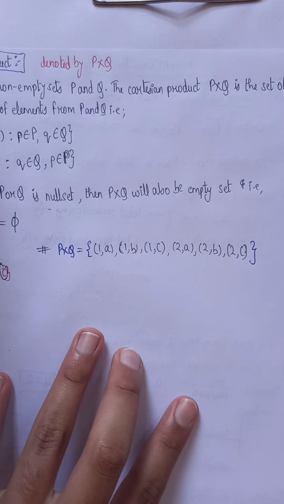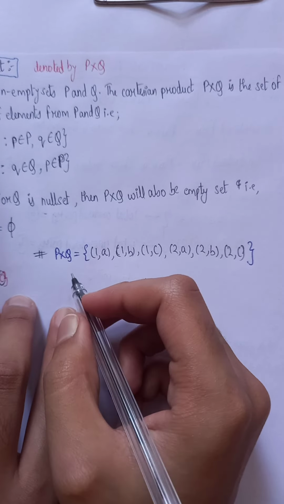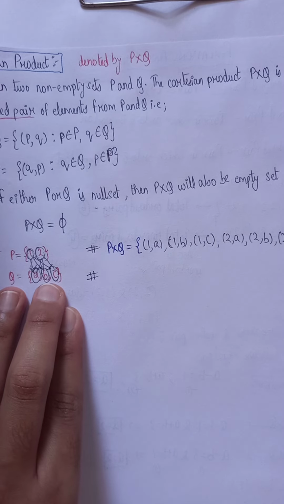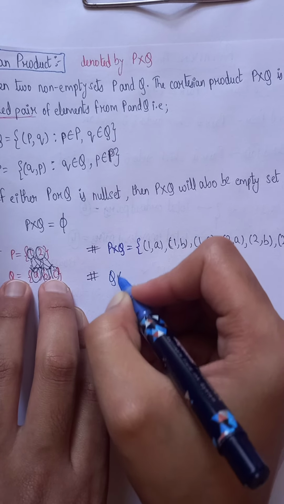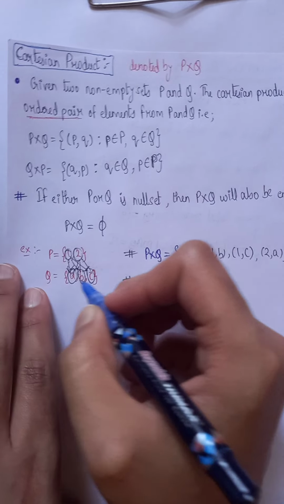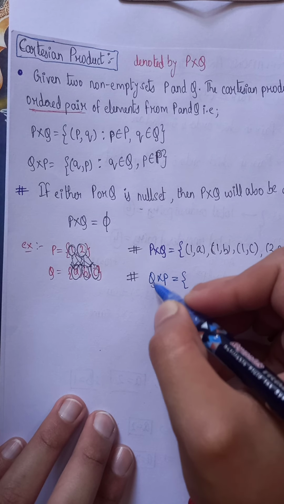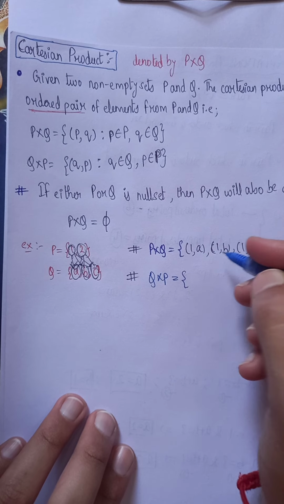Okay, that's how we calculate the Cartesian product. P cross Q means like this, I taught you, right? Now let's calculate Q cross P, like Q into P. If you want to write Q cross P, first you need to write the elements of Q and next P. Here we first wrote 1 comma a and then 1 comma b.